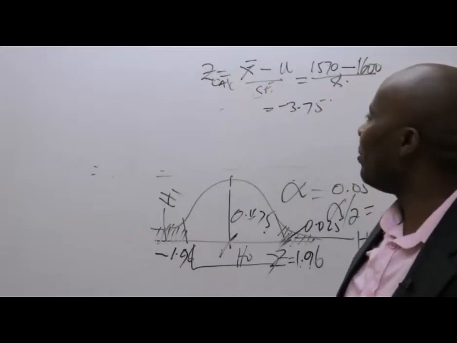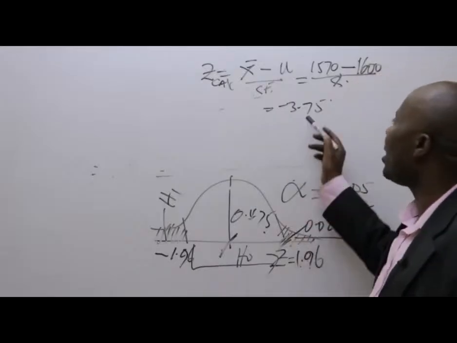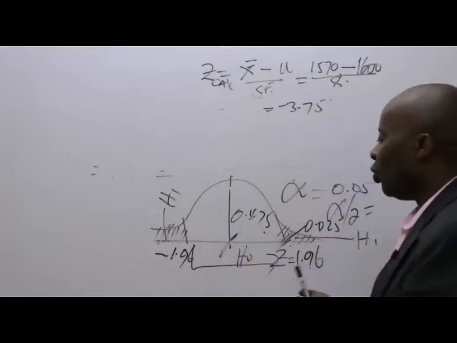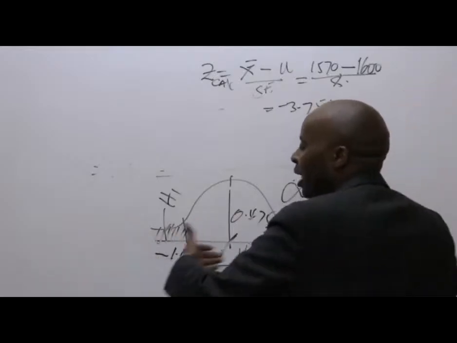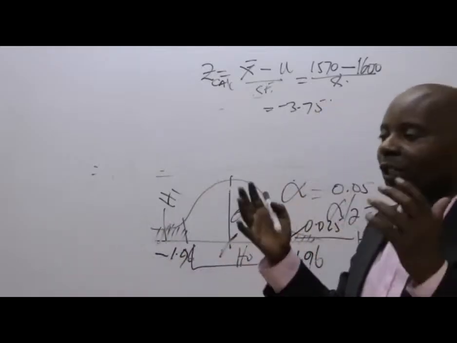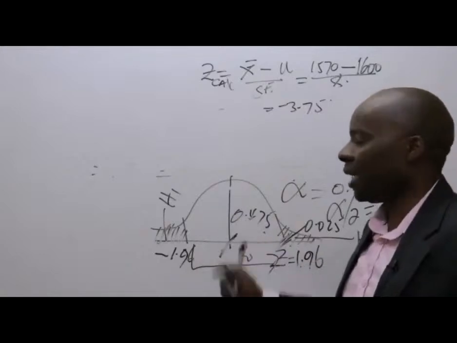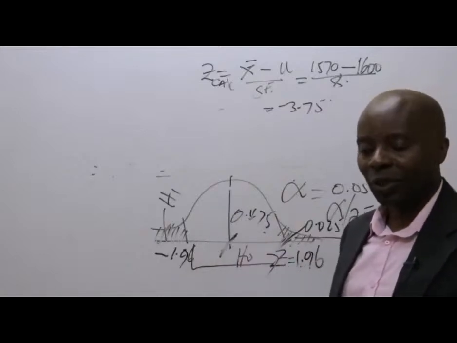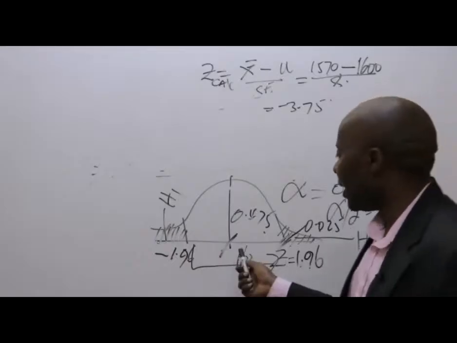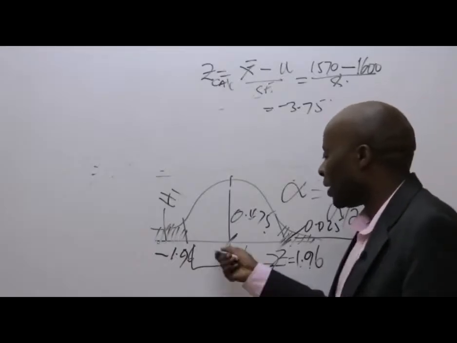Now, from there, place this Z calculated figure on your diagram. You have your number line here. Tell me whether it falls on a shaded or an unshaded area. This minus 3.75, where does it fall? If this is my number line, at the middle I have a 0.